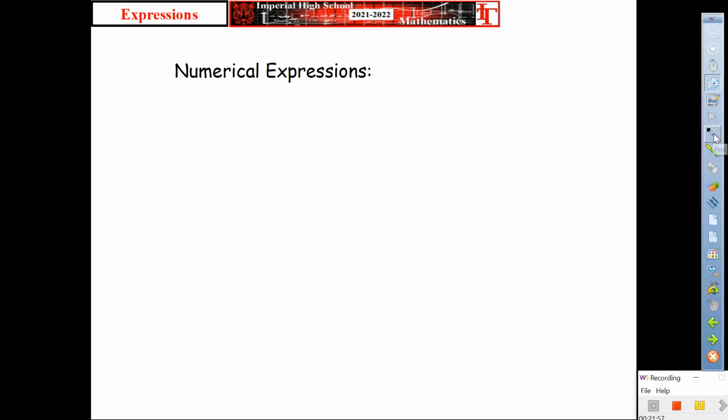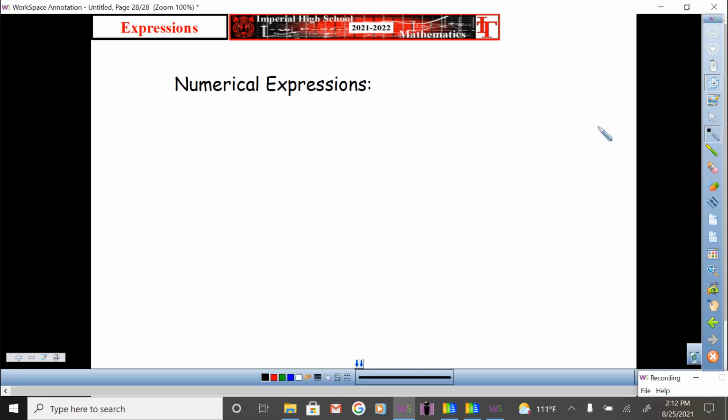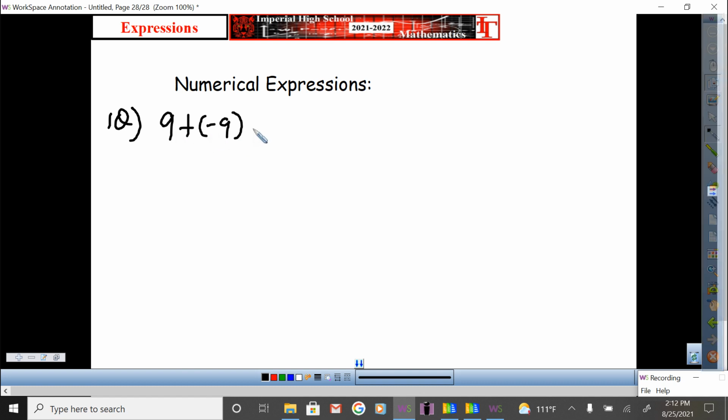And we're going to start slow using those properties that I just mentioned. So let's start with example 1Q. Example 1Q. So let's see it in action. Here we go. 9 plus negative 9. Everyone? 0. Okay.